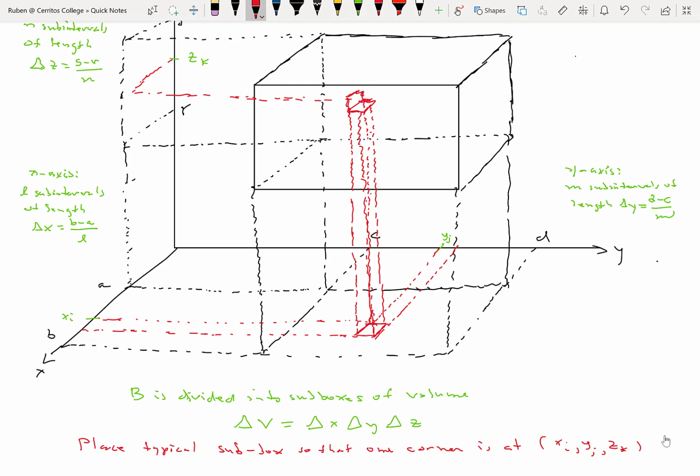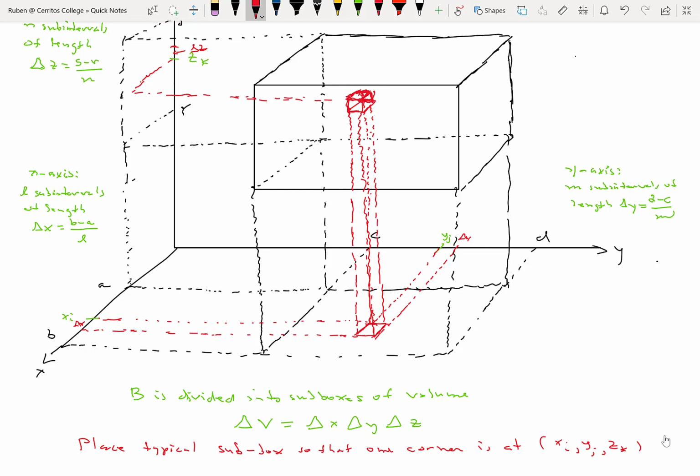Let's increase z by a little bit. Here is a typical sub-box. That little sub-box has lengths delta x, delta y, and delta z. So if you look back on the x-axis, there's delta x. Along the y-axis, there's delta y. And along the z-axis, you increase z by a little bit to get that last dimension. So here's delta z.